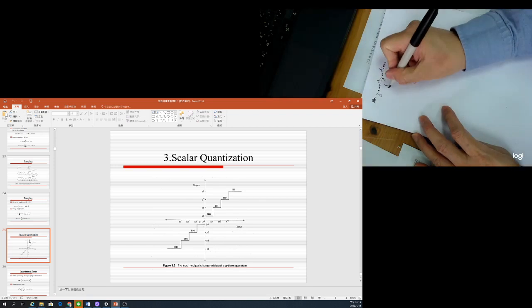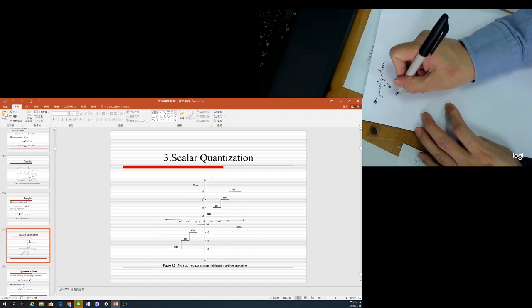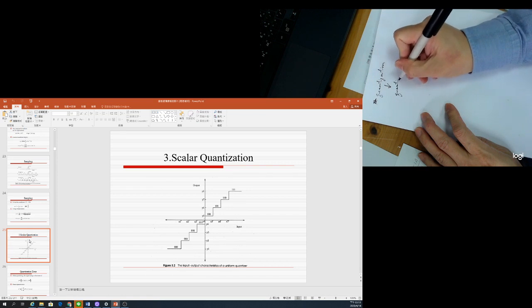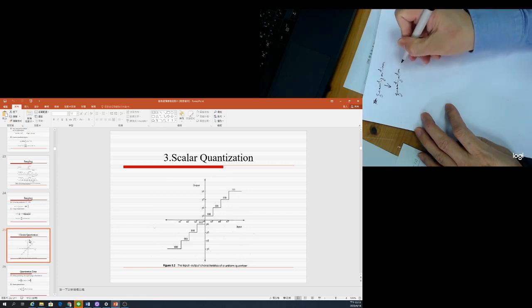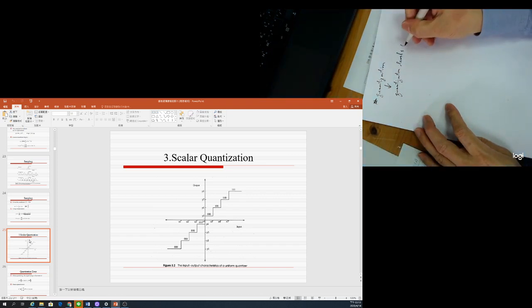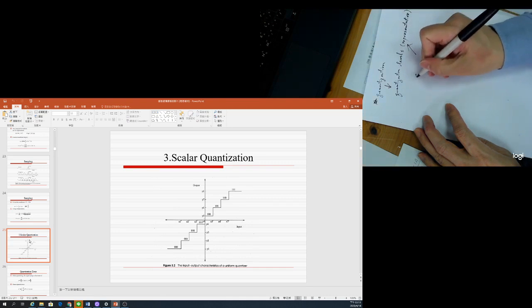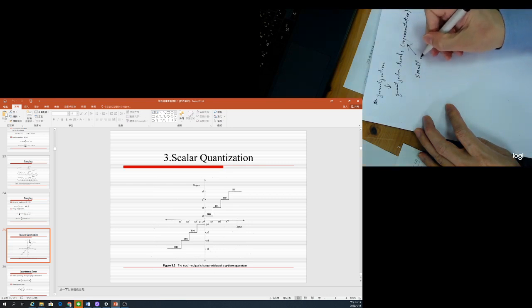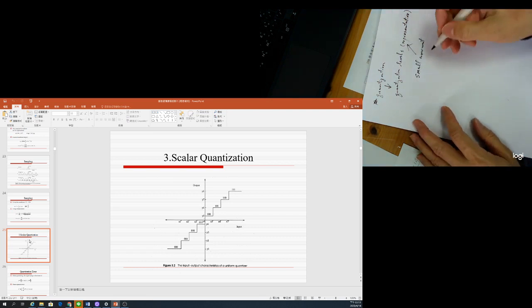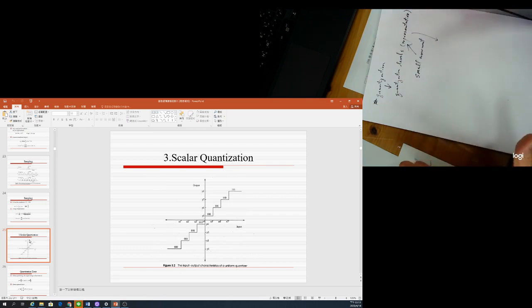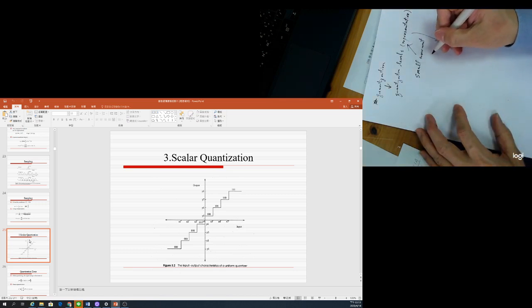So in quantization, we have what is called a quantization level. A quantization level is more like a representative. So we try to find a small amount of representatives to represent your original, more diverse data.